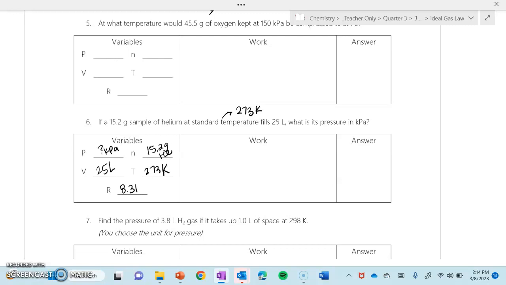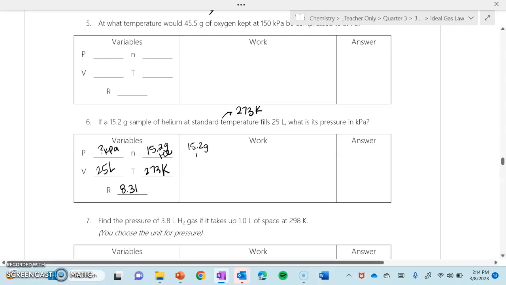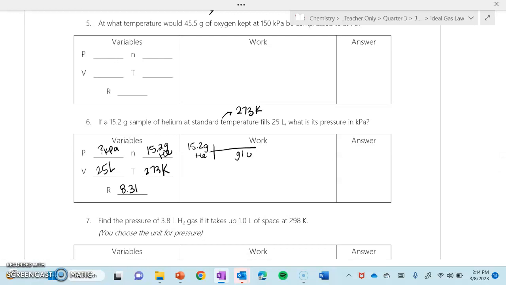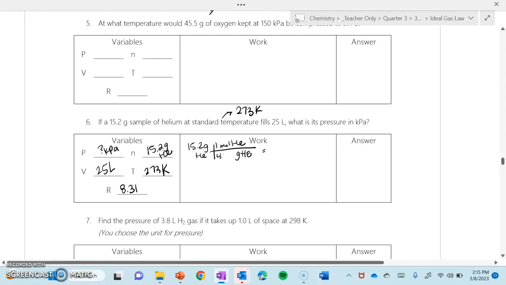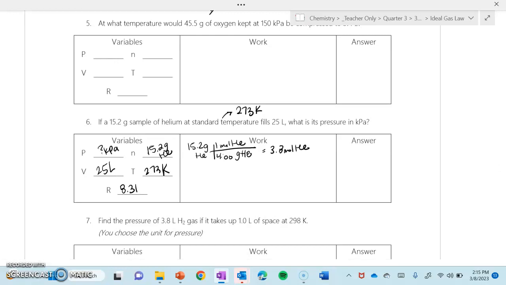So let's do our conversion first to get moles for helium. So grams helium, we need its molar mass from the periodic table, which is 4.00. If we solve this, we get 3.8 moles of helium.